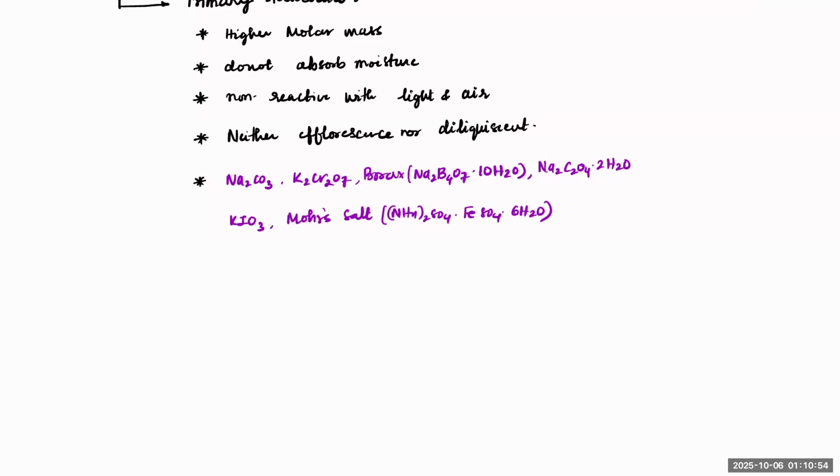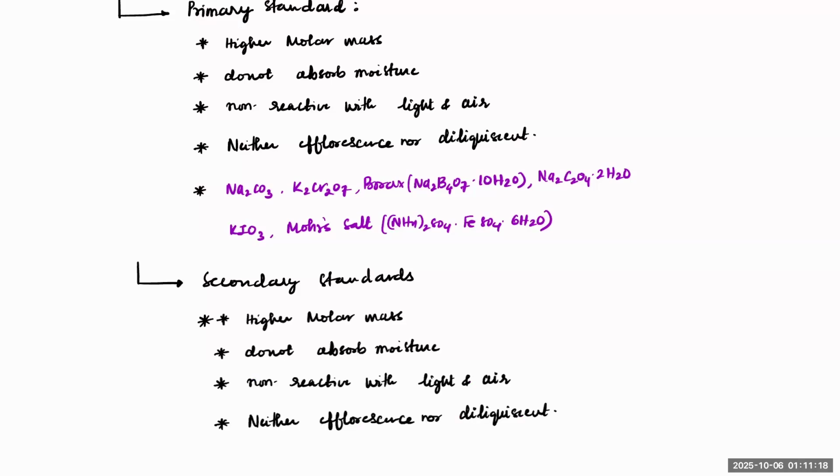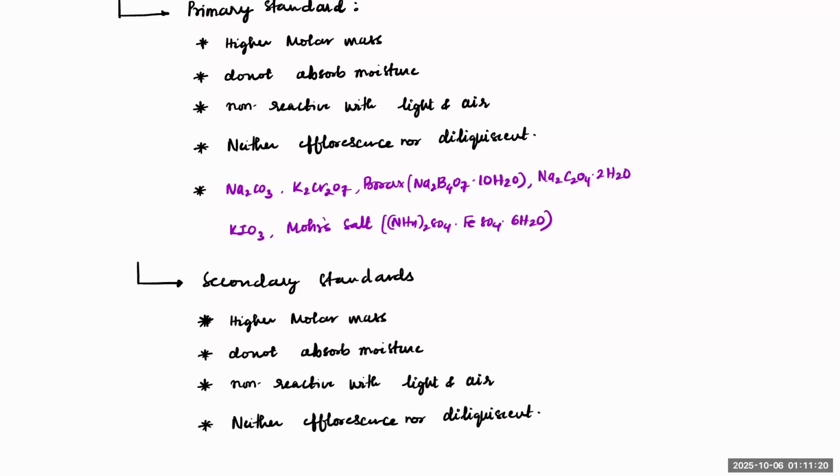The next one is secondary standards. Secondary standards may not tick all of these points. Yes, they might have higher molar mass, correct? But they definitely will not tick the rest of the parts here. Higher molar mass, yes.